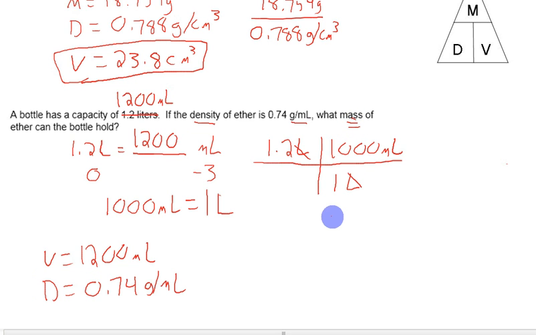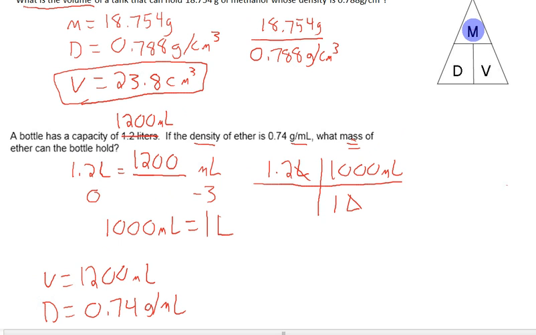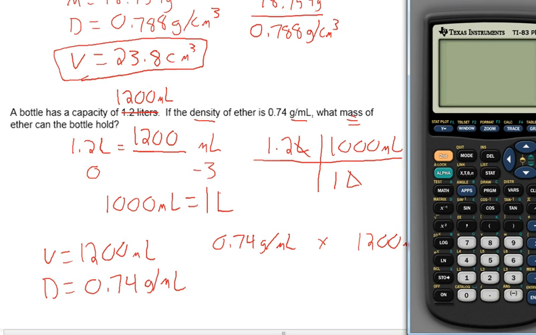That's what we're solving for, the mass. If I take a look at my formula triangle, when I cover the mass, I'm left with density times volume. So this would be that, and type this into the calculator.